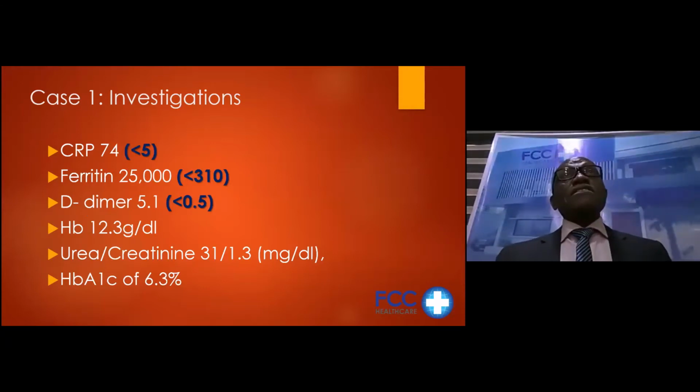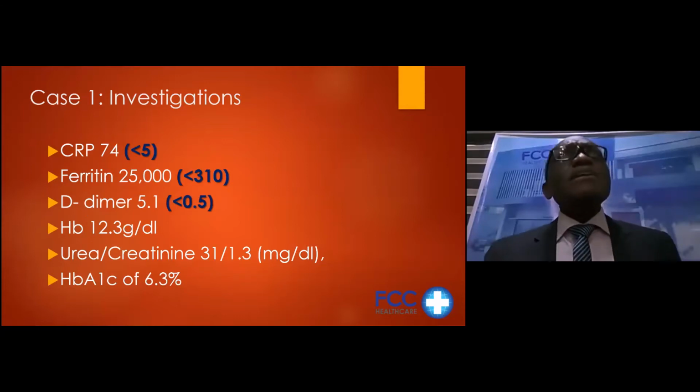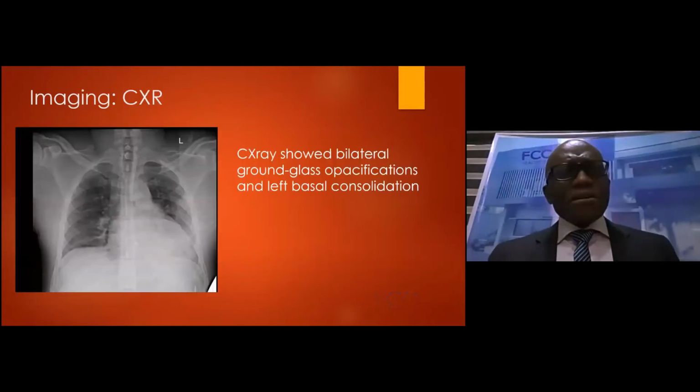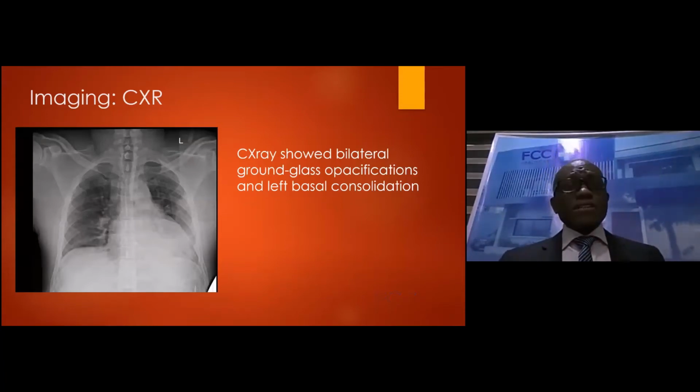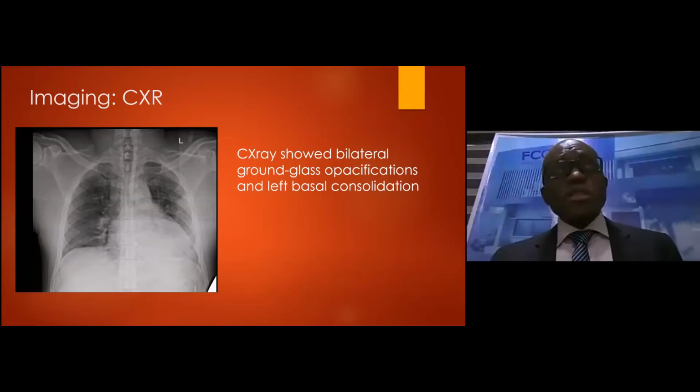Now, the other tests just showed mild azotemia. His chest X-ray, however, showed a lot of ground-glass opacification in both lungs, with air bronchograms visible in some of these places here. Heart was at the upper limit of normal.